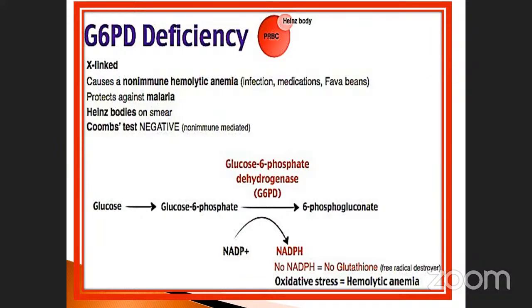Here NADP also participates and catalyzes the reaction. NADP is converted into NADPH, nicotinamide adenine dinucleotide phosphate hydrogen. Note it down, my dear.